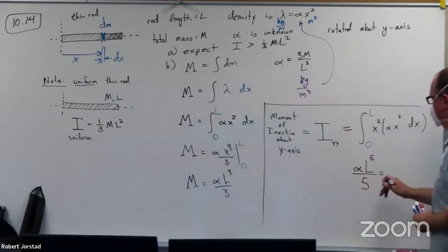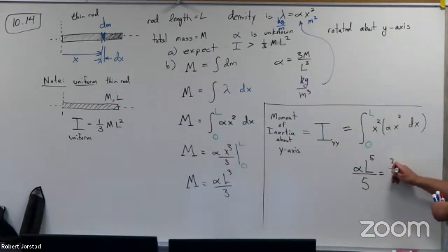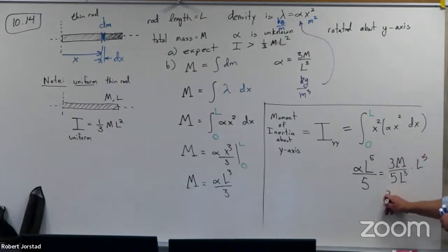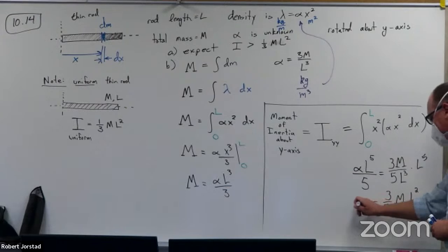Alpha is... well, out of all that, what do you get? 3/5 m L squared.